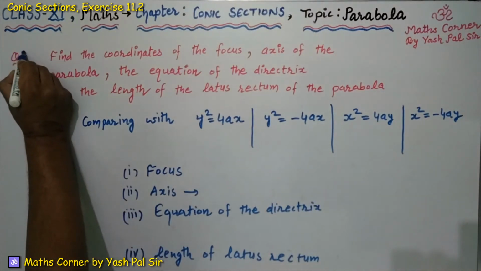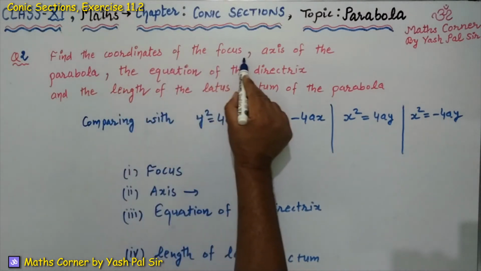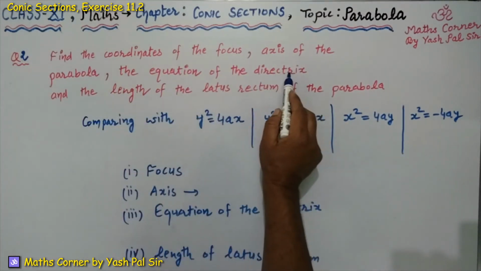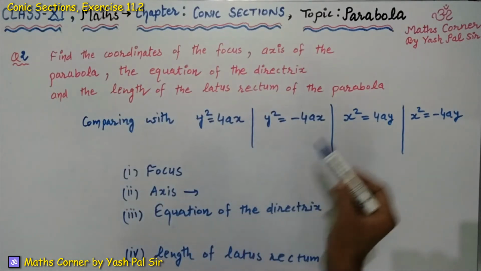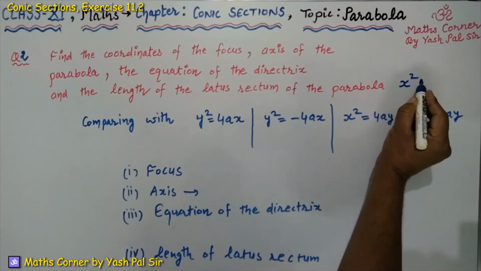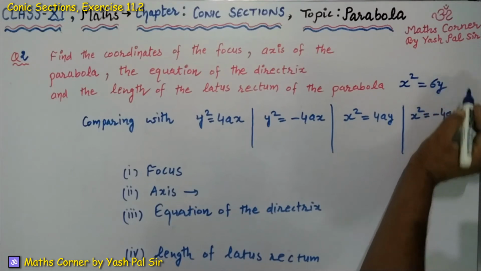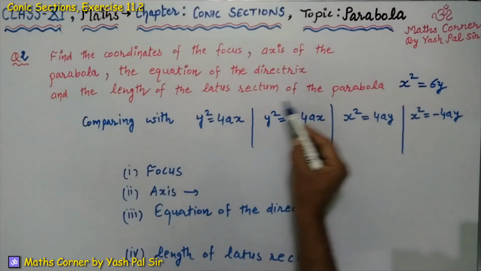Similarly, we have the second question also. In question number 2, everything is the same. Find the coordinates of the focus, axis of the parabola, the equation of the directrix and the length of the latus rectum of the parabola. Here the equation of the parabola is x square is equal to 6y.